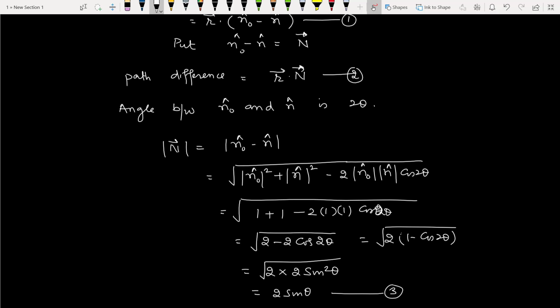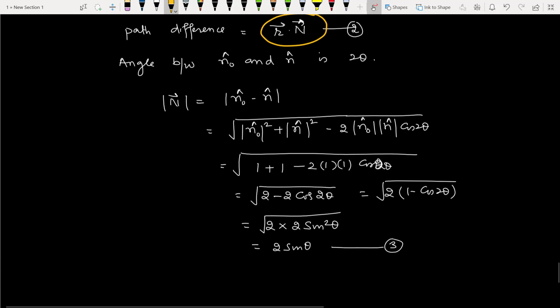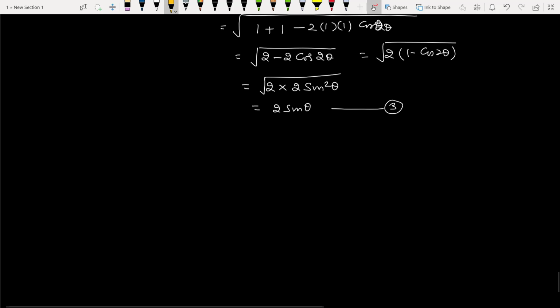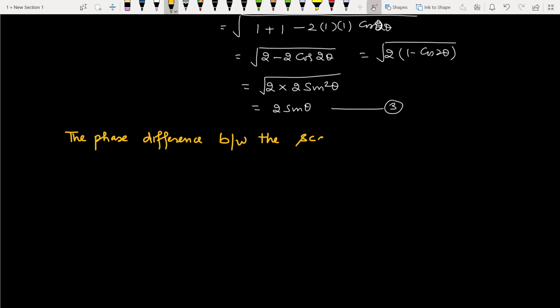Now we have the path difference between the two scattered radiations, and if we are to study the diffraction pattern, then we have to convert this path difference given by equation number 2 into phase difference. So the phase difference between the scattered X-rays from A and B is given by the general formula 2 pi by lambda into path difference.